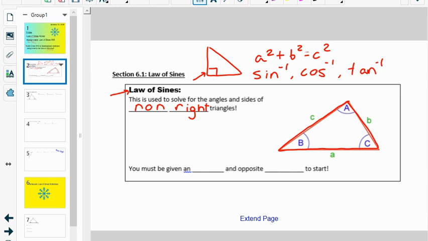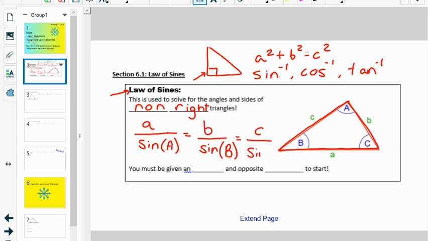So the law of sines is basically a series of fractions. It's the little a, which is the side, divided by sine of the angle A, equals little b, which is the side b, over sine of angle B, equals c, which is the side, over sine of angle C. So it's a series of three fractions.